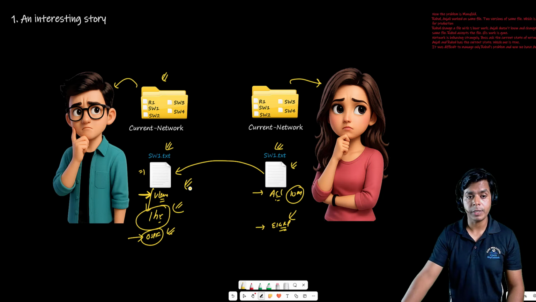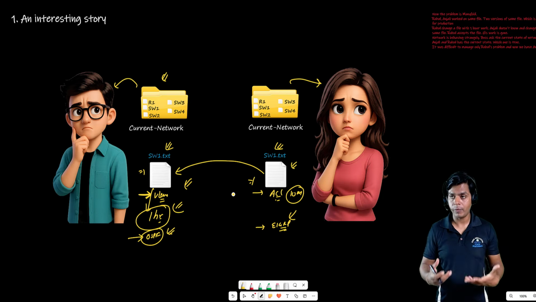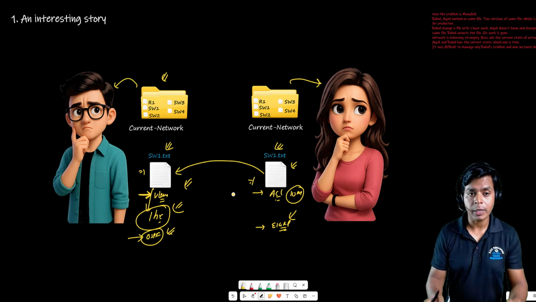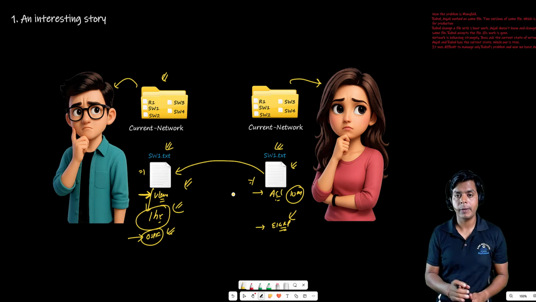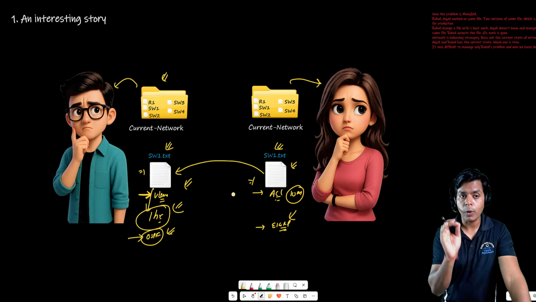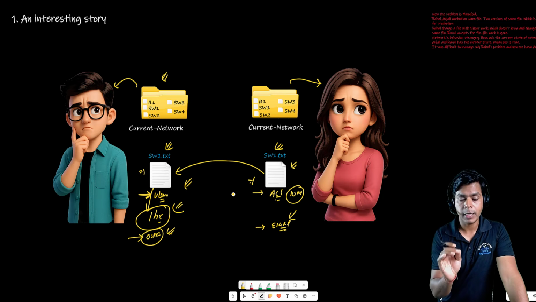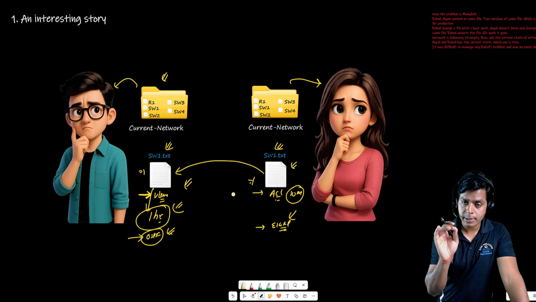Because we have two different versions, one with Rahul, one with Anjali. It's a problem. When we have 2 or more people working on the same folder and file, we have more problems, right?